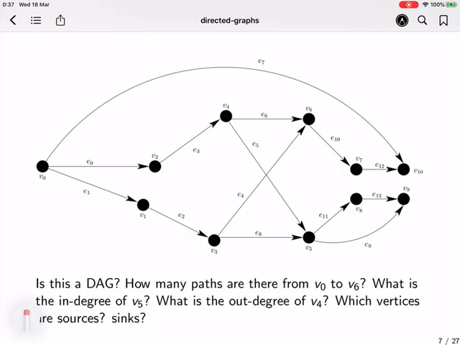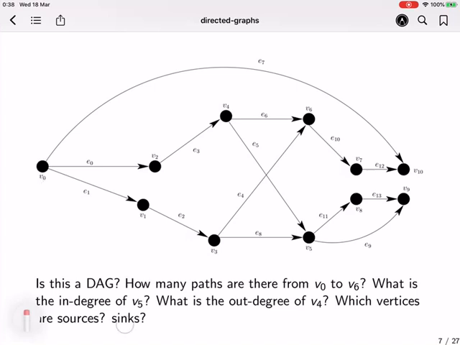So, do we have a vertex here that has 0 edges entering it? Yes, V0. V0 has 3 edges which are incident to it, but all of them emanate from V0. And there are 0 edges which enter V0. Therefore, V0 is a source.